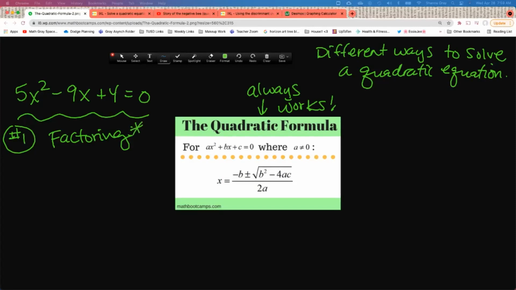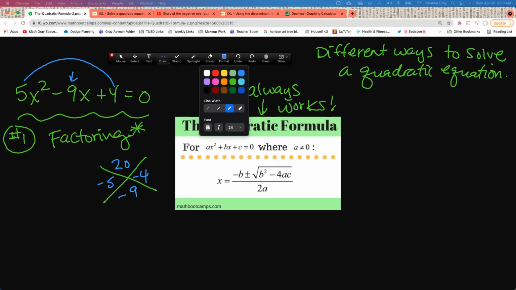Factoring only works sometimes, so I put an asterisk next to it because it only works if you can figure out the x. If you can do the thing we've been doing where we say, okay, 5 times 4, the product is 20, and the sum here is -9, I'm looking for 2 numbers that multiply to be positive 20 but add to be -9, and that would end up being -5 and -4.